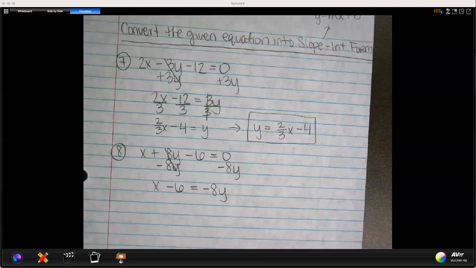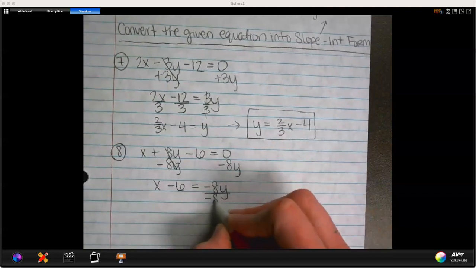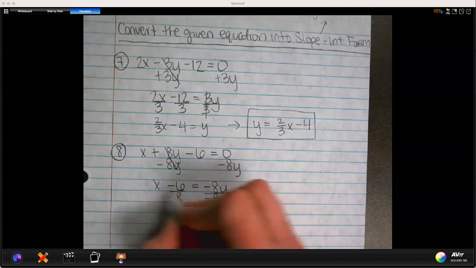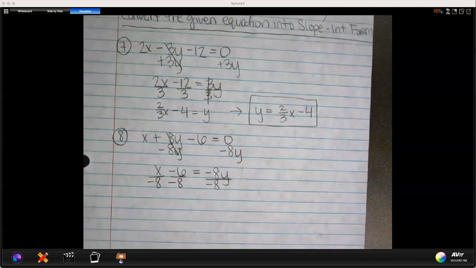And once we get y by itself on its own side, we then would divide by whatever the coefficient is, which in this case is -8. Go ahead and write down what the simplified version of that should be, because we should always simplify our fractions.